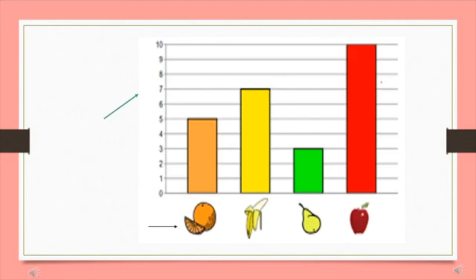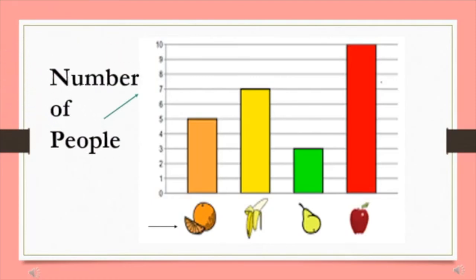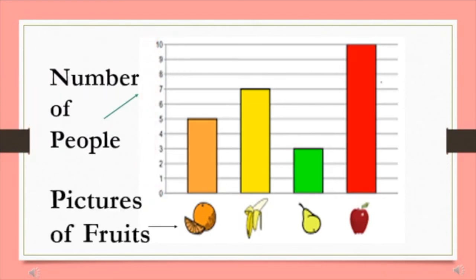The first clue I see are numbers 0 to 10. Then I see pictures of fruits. And the last thing I see are the different colored bars. This is definitely a bar graph. Give yourself one pat on the shoulder.